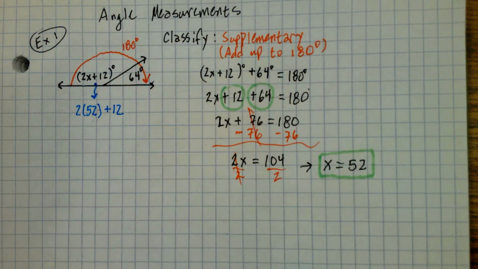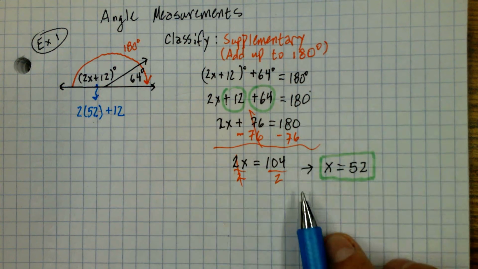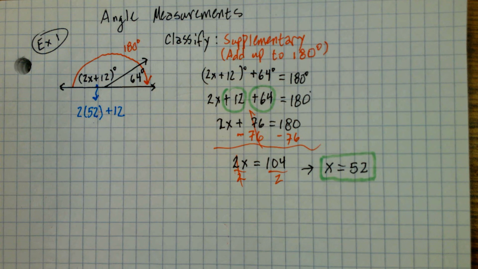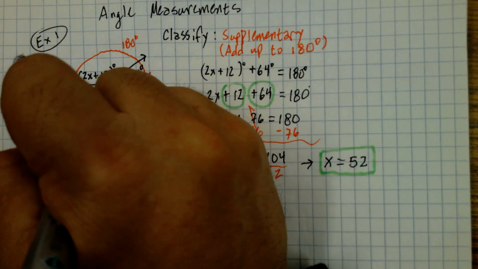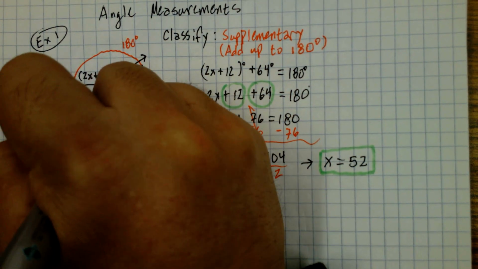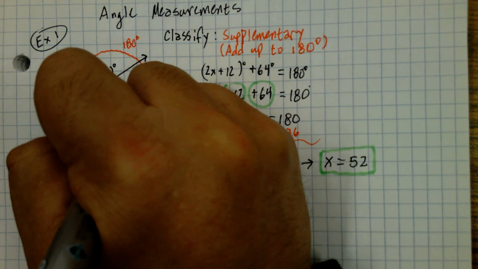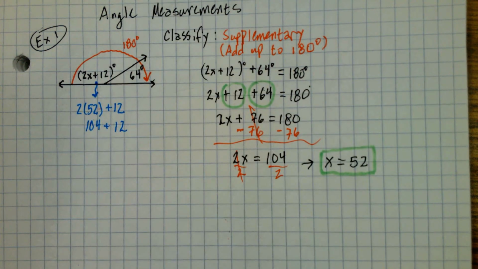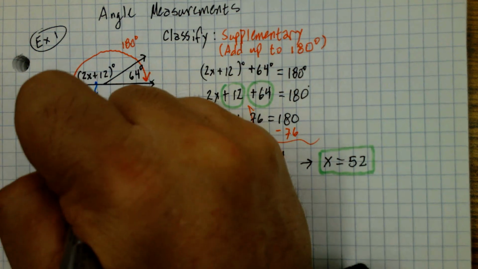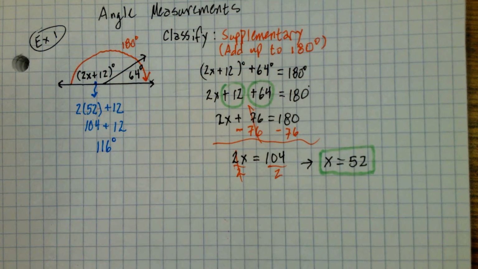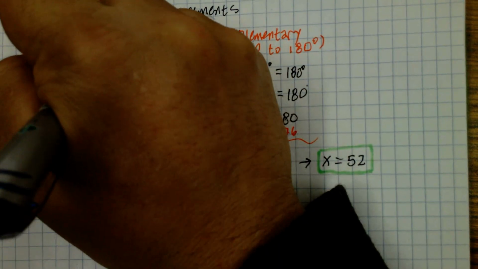And if you're wondering why 52, well, we spent all this time figuring out that x is 52, right? So now we say 2 times 52, that's 104. And then we add 12. And how much is that? 116 degrees. So now we know this is 116 degrees.